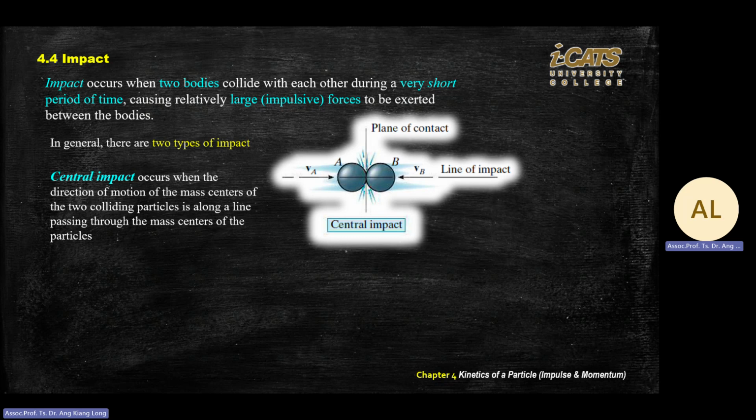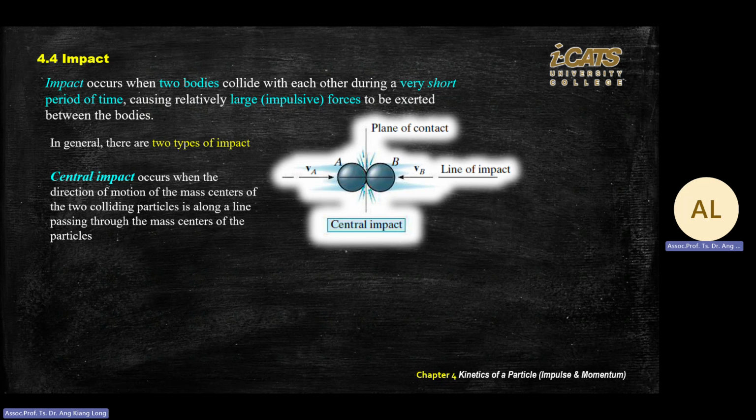Sometimes B will be different. B will be coming from a certain angle. You pick one of your focus objects, and then you draw the line of impact. And then when the two objects hit, you have a plane of contact. So these are the two lines that you need to draw every time you have an impact.